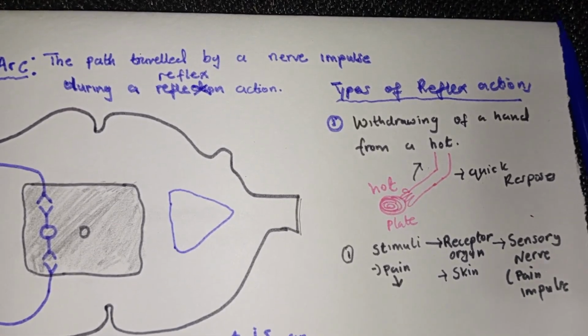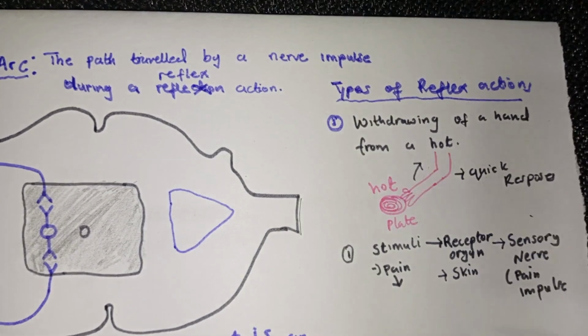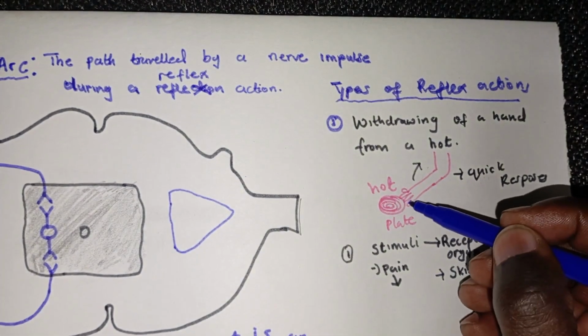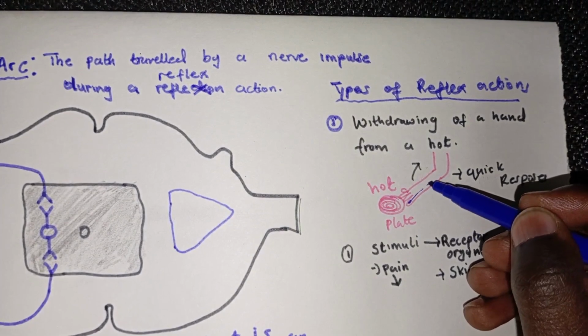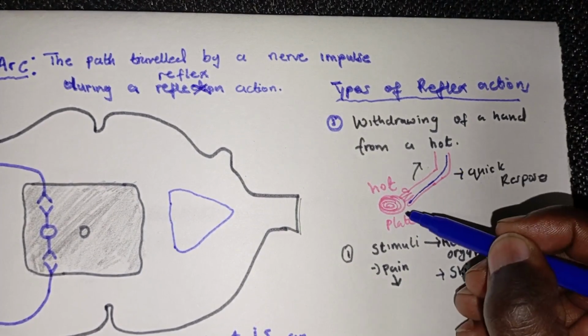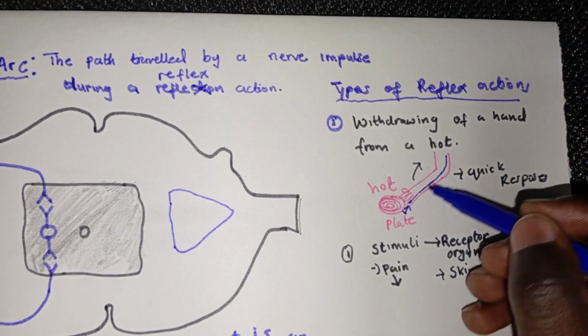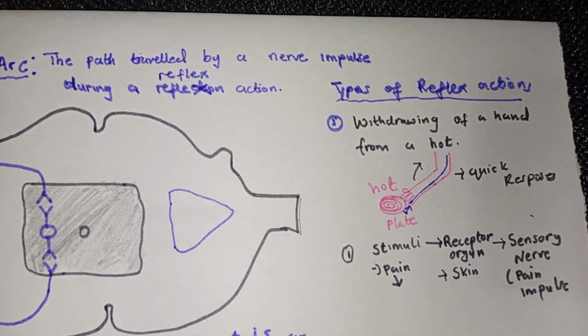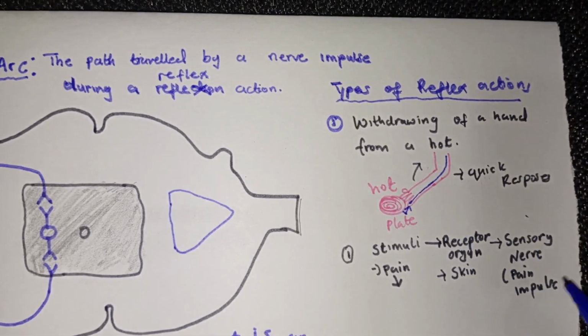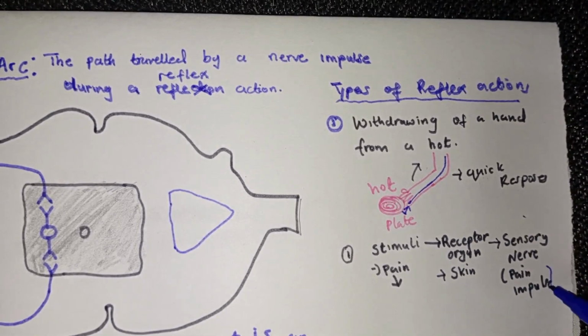There are a lot of nerve endings here, a lot of nerves connected like that. So here you have hot, the skin, then the nerve, which is the sensory nerve. It senses.